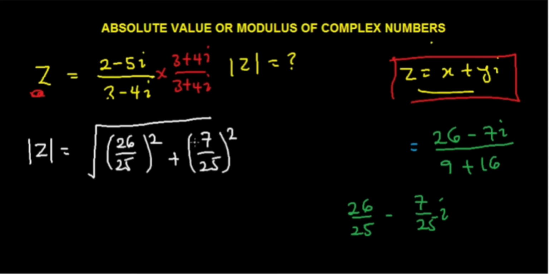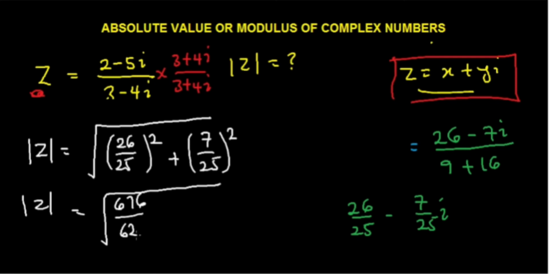Then you can solve for your answer. 26 squared is 676 over 625, plus 49 over 625.